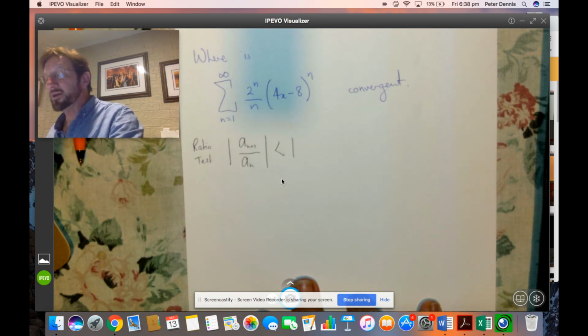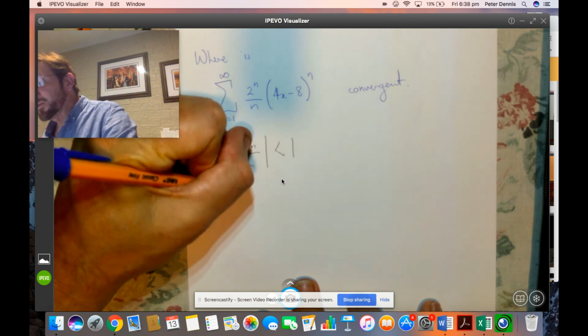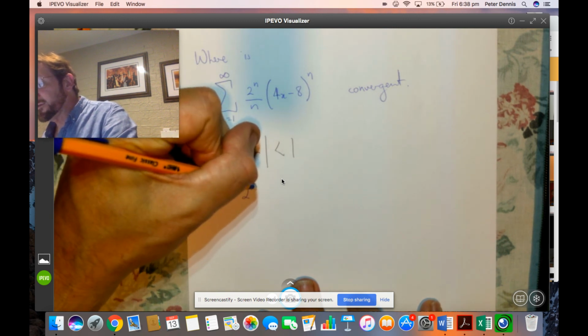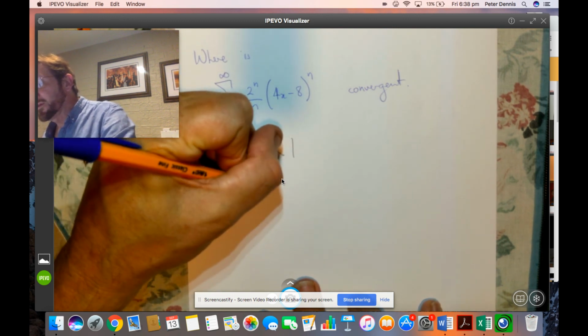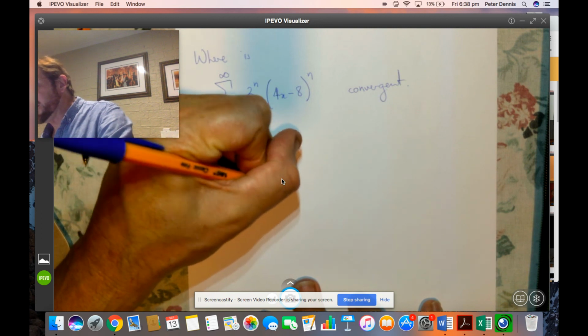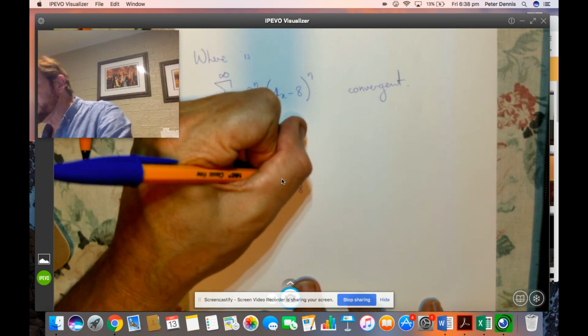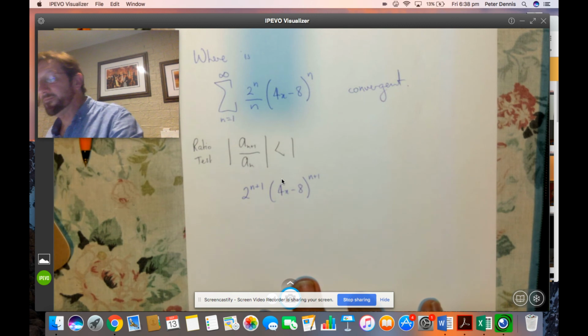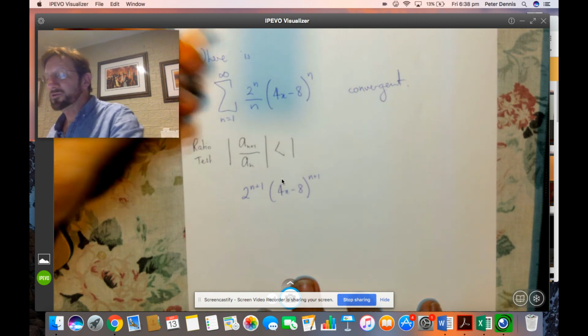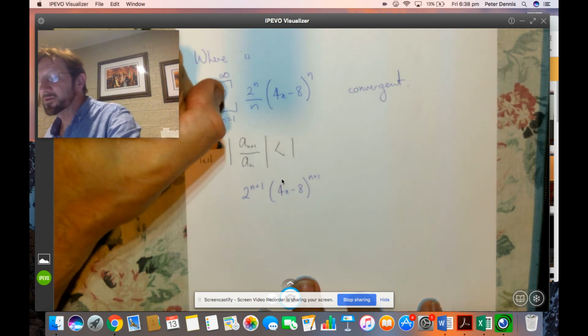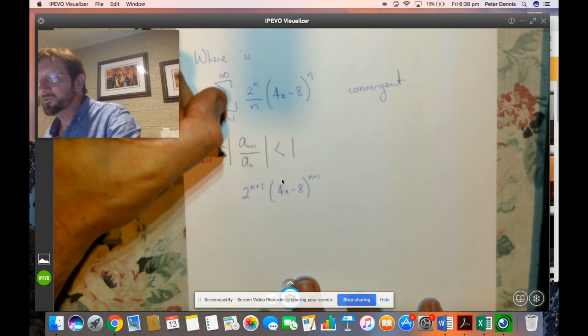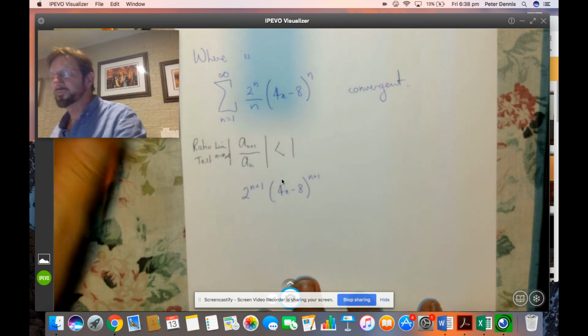So if we write that out here, we're going to get (n plus 1) times (4x minus 8) to the power of n plus 1, over 2 to the n plus 1, and I should just say this is the limit as n tends to infinity of this.